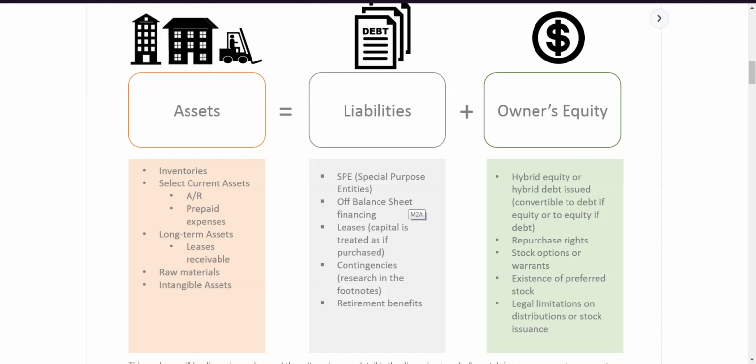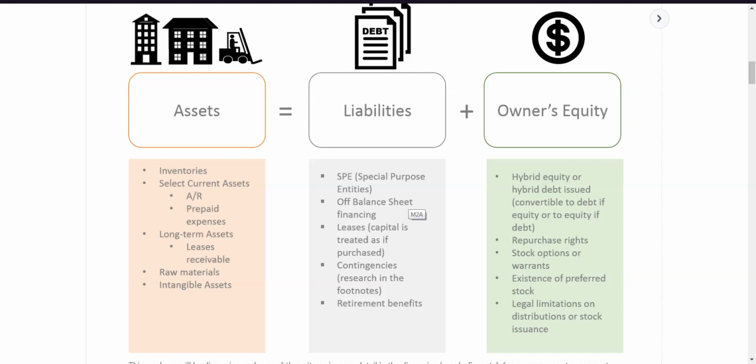So it's a credit to cash and a debit to expense. So very different treatment there. It will completely change the way that your balance sheet looks, and it will also change the way your income statement looks. So you could have very similar types of lease scenarios, but different accounting treatment. So you'll want to look for that.